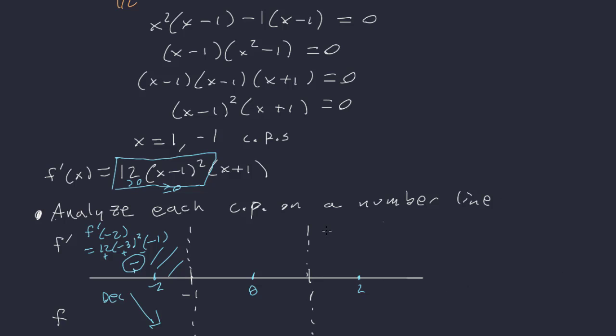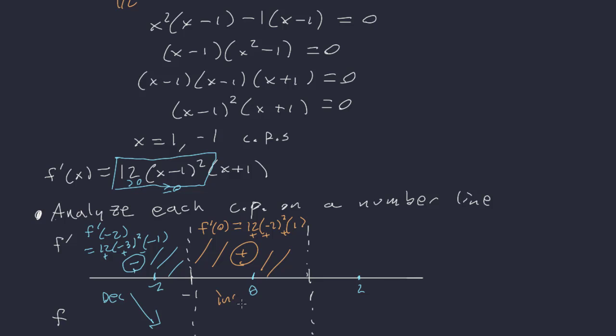Next region, I'm going to put in f prime of 0, so that's going to be 12 times negative 1 squared times 1. So I have positive, positive, positive. The whole thing comes out to be positive. You see here how I'm not even bothering with what the number is. Sometimes I will, sometimes I won't. All I care about is whether it's positive or negative.